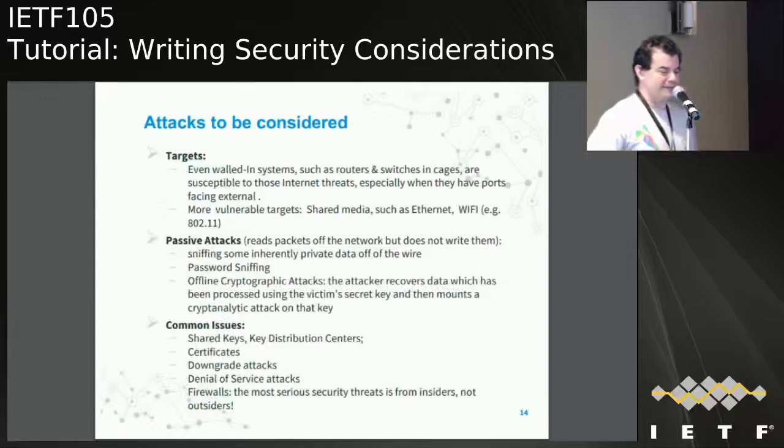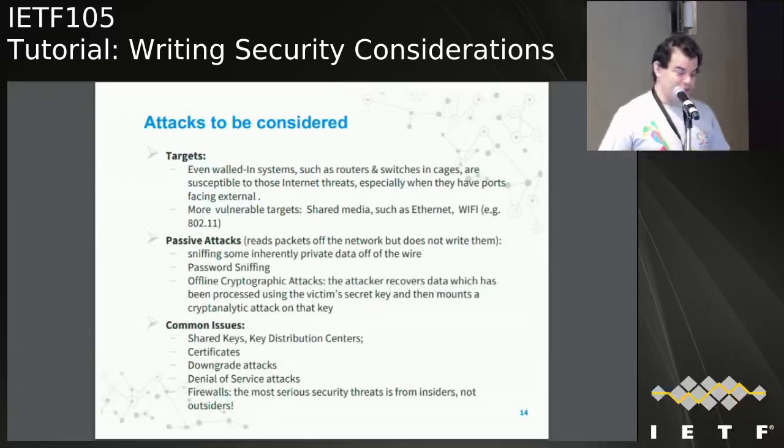Okay, attacks that you need to consider. Even targets in walled-in systems in your data center, such as routers and switches that are in cages behind the firewall, are susceptible to internet threats, because usually you can get traffic from the internet to those nodes, especially since they have ports facing external, more vulnerable targets.